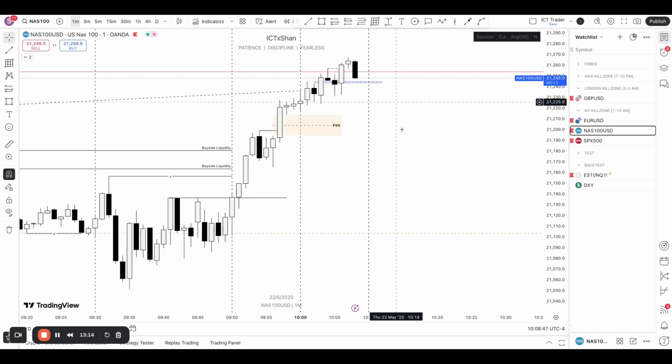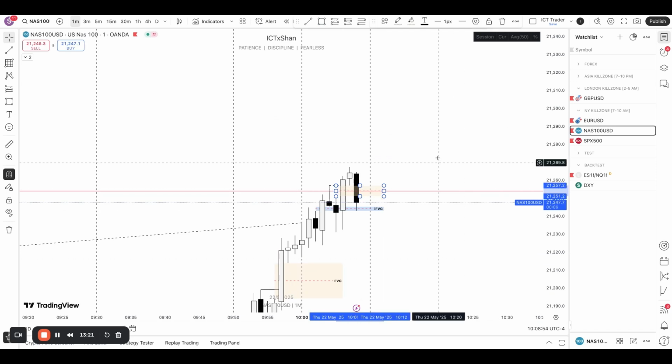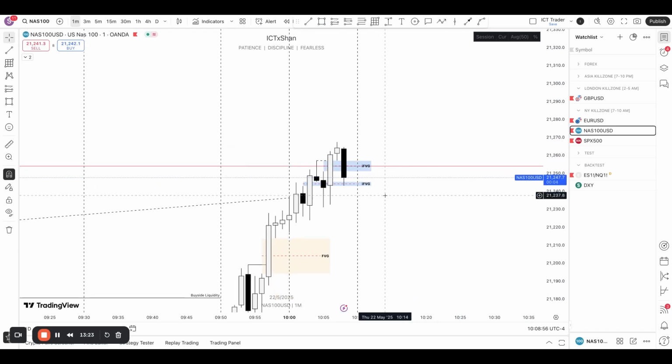What is NQ actually doing? Okay, interesting. Power gap. In this case, it's an inversion power gap, having the low inversion power gap. Actually, we can expect the trade to move further lower.